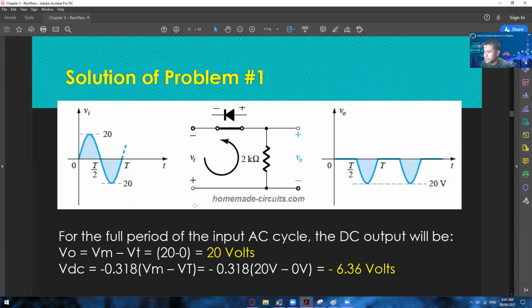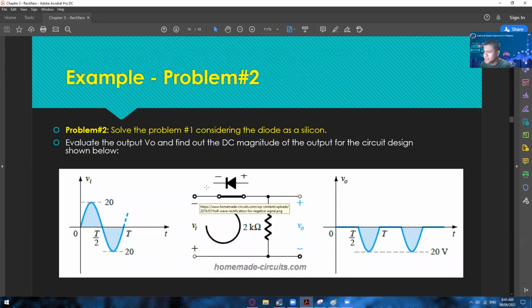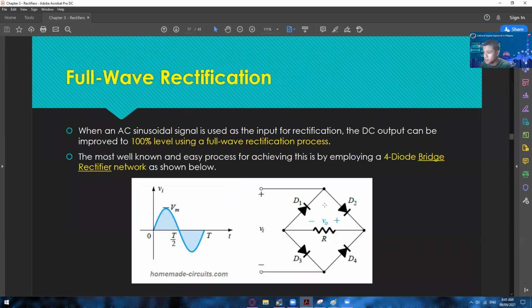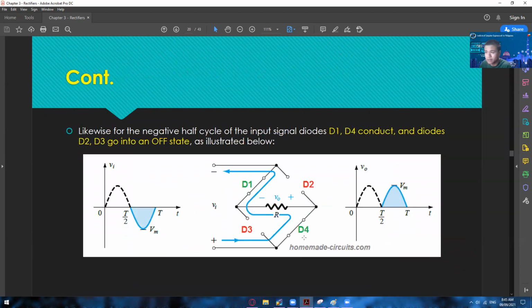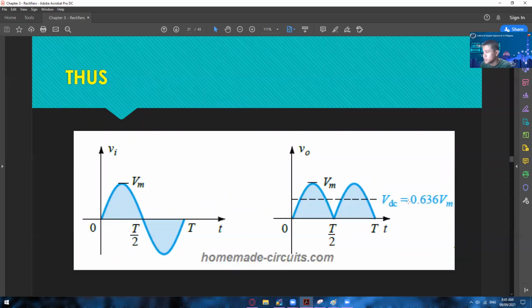So it's like passing through one diode is 0.318 voltage drop, but passing through two diodes, let's say D2 and D3, will give us a voltage drop of 0.318 plus 0.318, which is equal to 0.636.